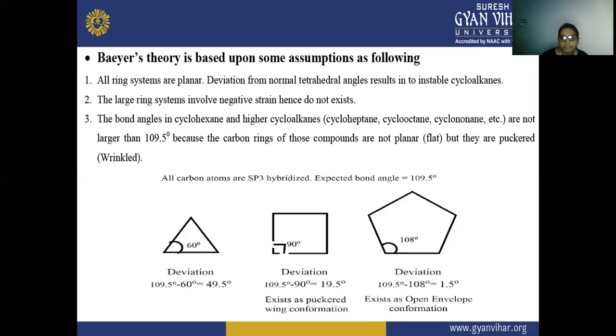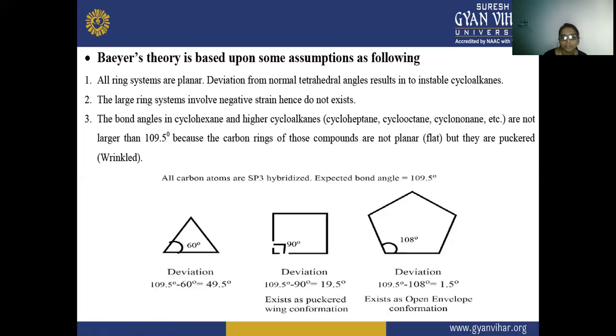In the cyclopropane case, the deviation is calculated by subtracting from 109.5, the ideal bond angle. Cyclopropane has a bond angle of 60 degrees, all three carbons having a 60-degree bond angle.